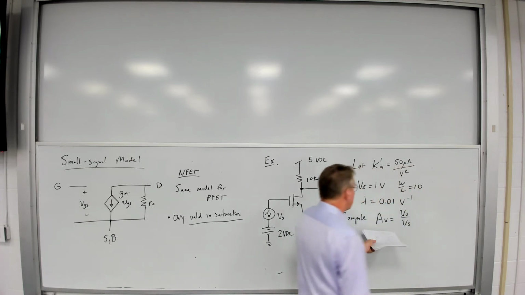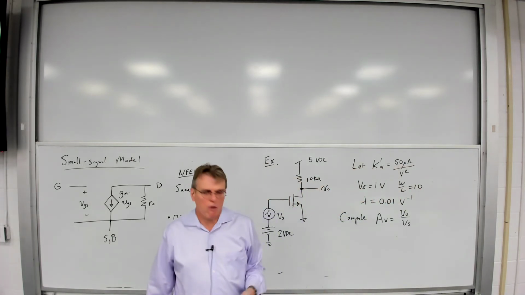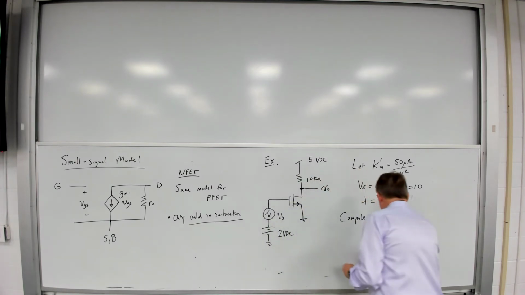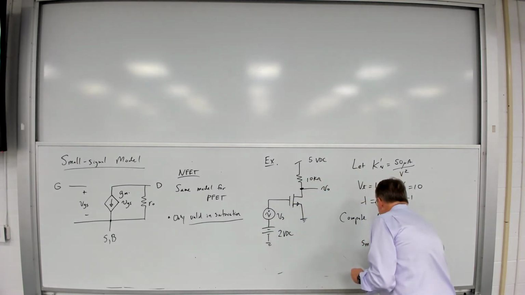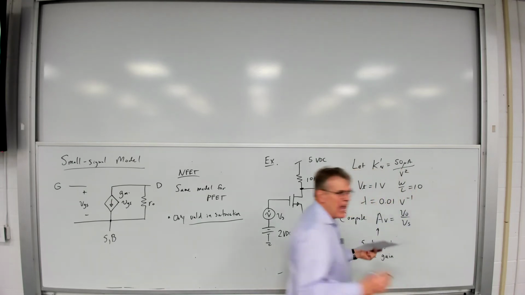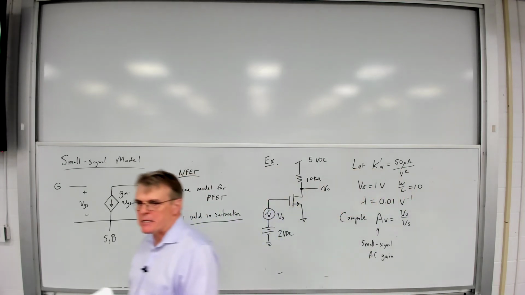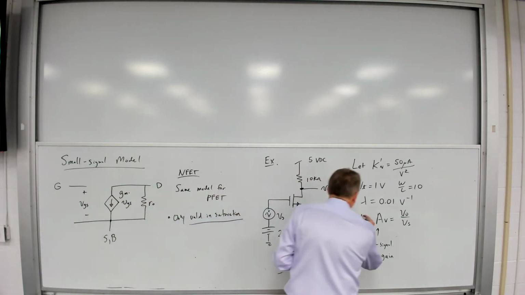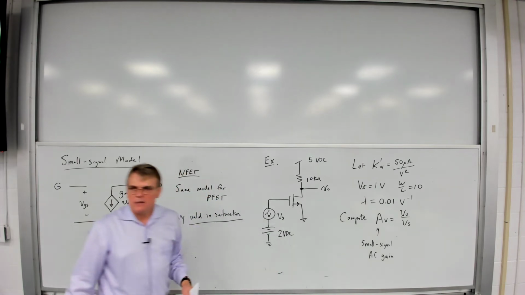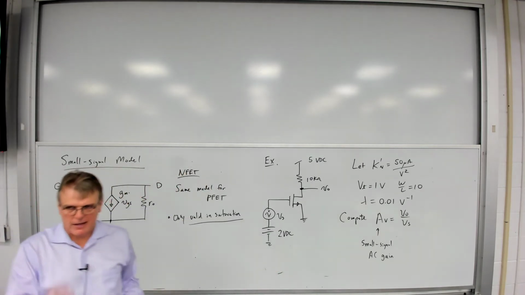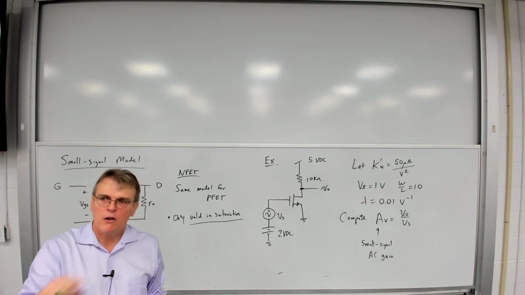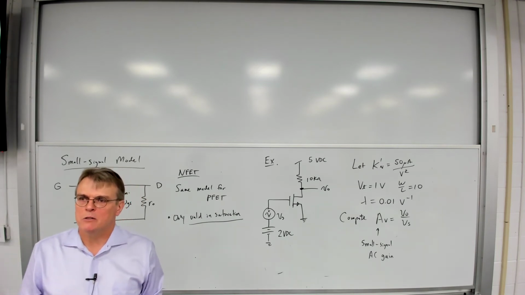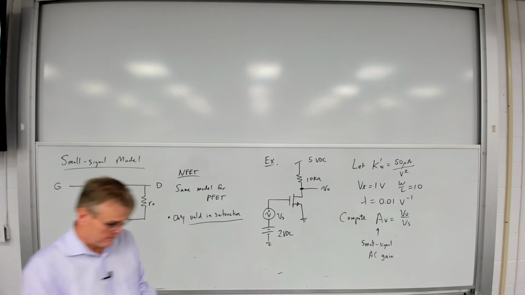I want to compute AV, which is equal to VO over VS, where AV is my small signal AC gain. We've been using that since Circuits 1. So let's compute this. To do this, we first calculate the bias point, then convert to the small signal model, and then calculate the AC values.